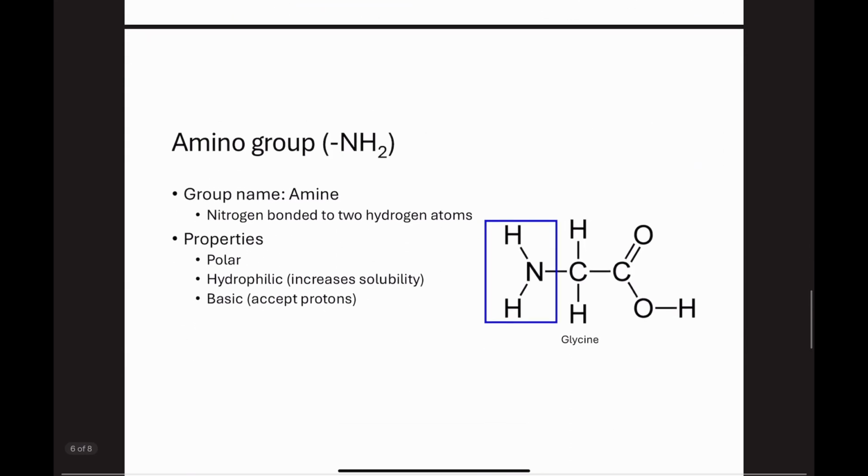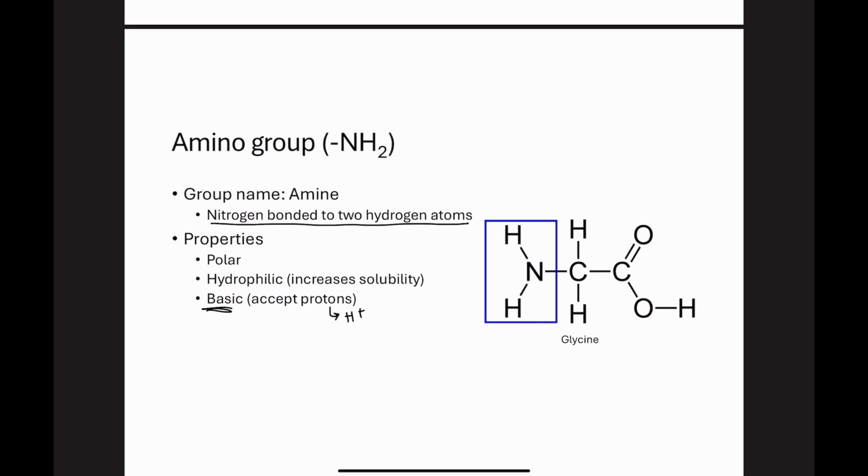Now, the other group that we're going to talk about is called the amino group, and it consists of a nitrogen that is bonded to two hydrogen atoms. And our amino group is really basic, and that means that it is going to accept protons. And we already said that when we're talking about protons in these scenarios, they're actually our hydrogen atoms.